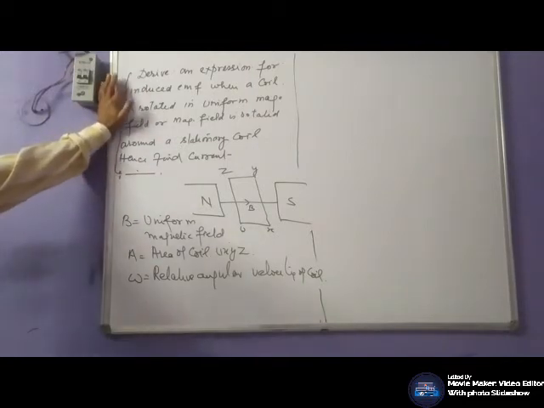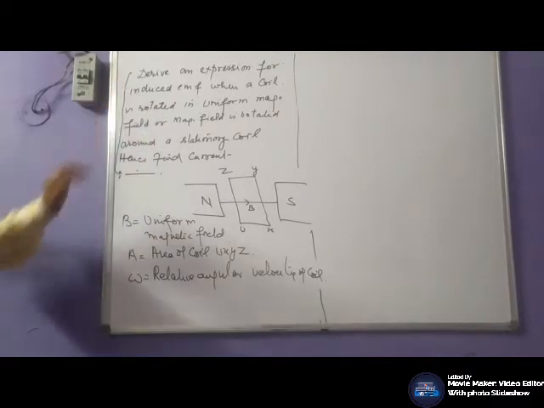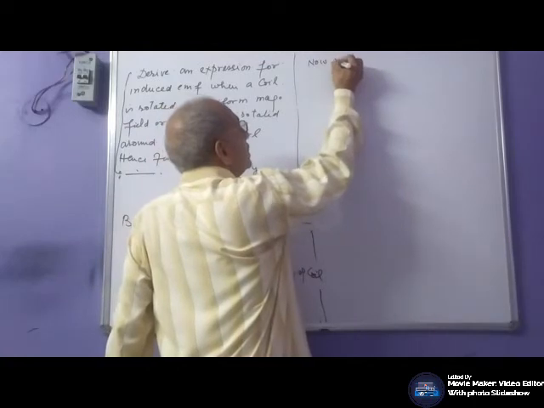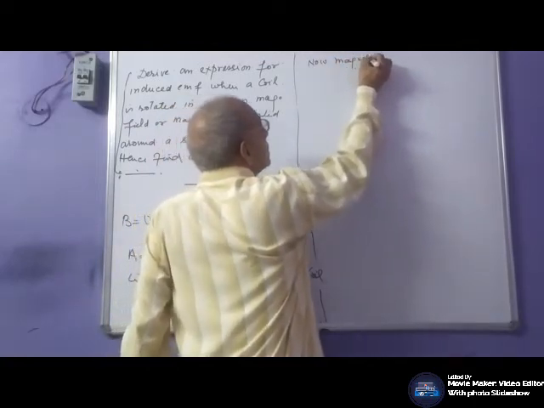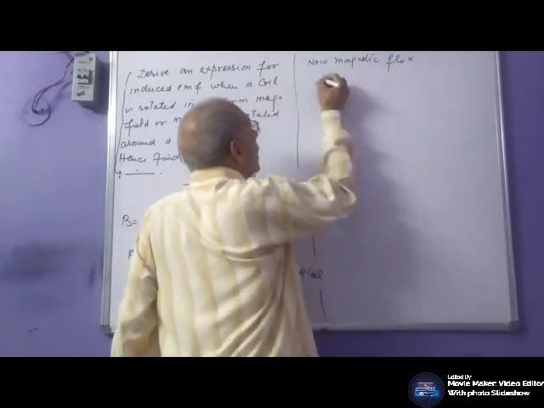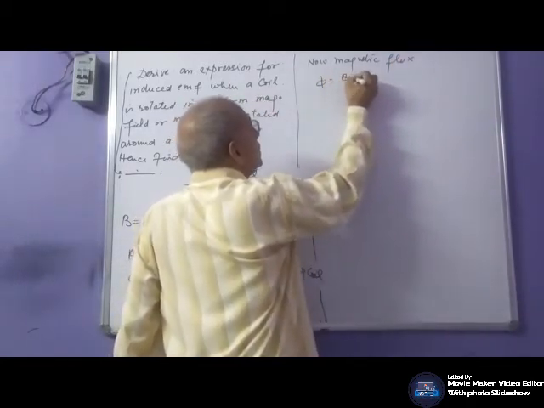Derive expression for induced EMF. There will be induced EMF if there is change in magnetic flux. Now magnetic flux phi is BA cos theta.